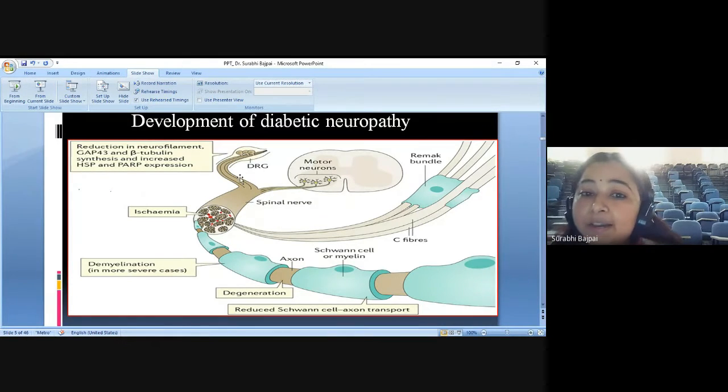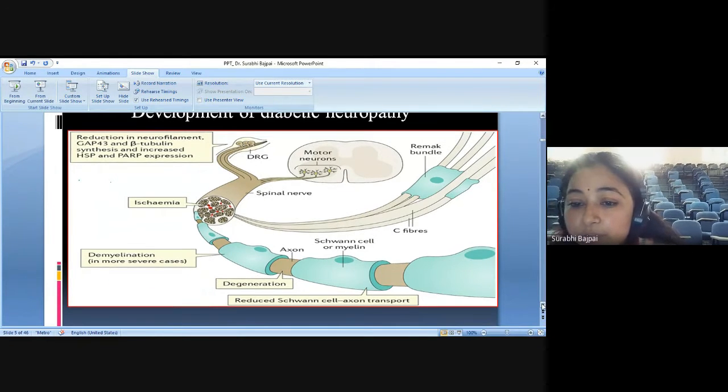Of course, the sensory neurons are more affected, and sometimes it even causes demyelination in the neurons, and the Schwann cells may be affected, which may lead to degeneration of the neurons. Reduced Schwann cell axonal transport is also a remarkable feature of diabetic neuropathy. This is again a figure shared by Nature Reviews itself.